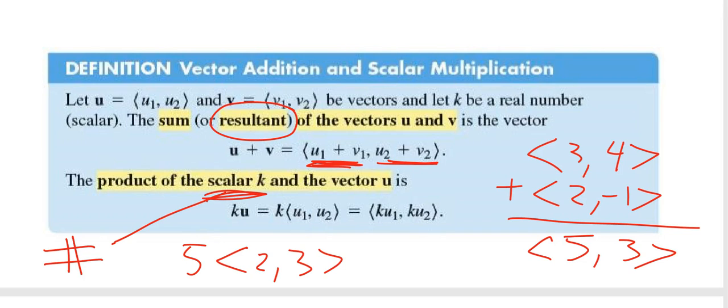Because I'm multiplying by a number larger than what? Larger than 1, kind of like the scale change idea. If it was a number smaller than 1, I would be shrinking it. So if I multiply by 5, what does it become? 10, 15. That is also as hard as that gets.